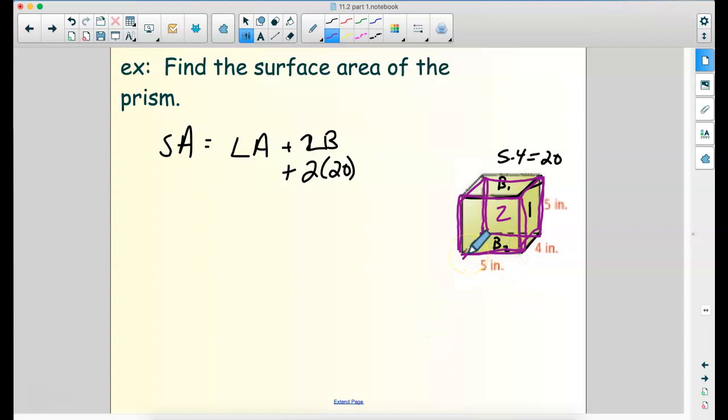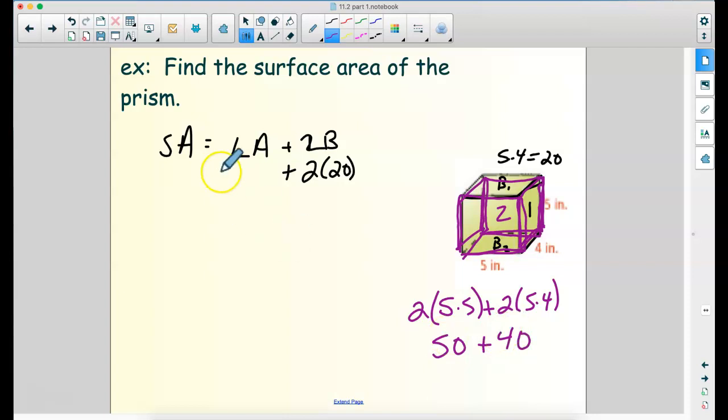This one is a 5 by 5, and the back is a 5 by 5. So we have 2 of those. Plus the right side is a 5 by 4, and the left side is a 5 by 4. So 2 times 25 is 50, and 2 times 20 is 40, so the lateral area is 90.